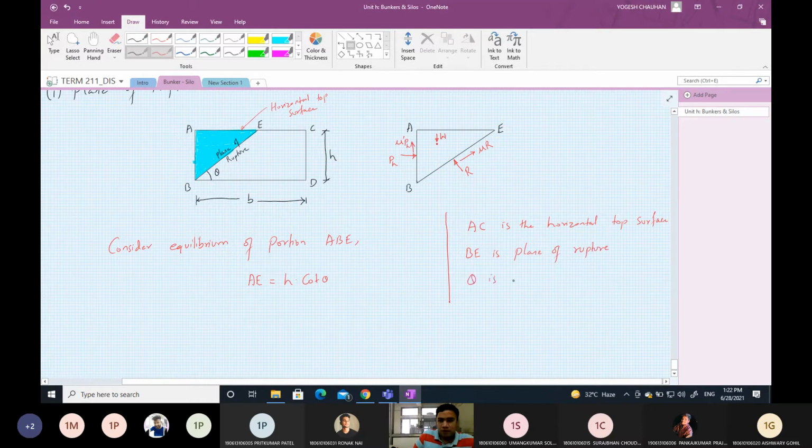Theta is the inclination of plane of rupture with horizontal. B is the diameter of silo.